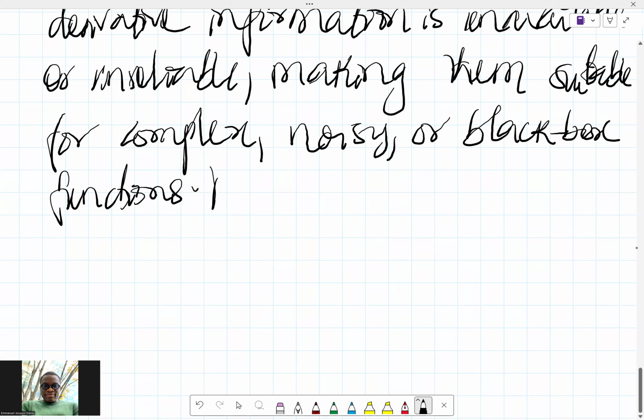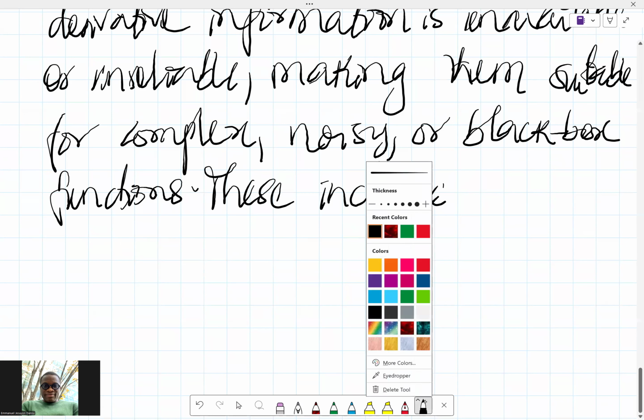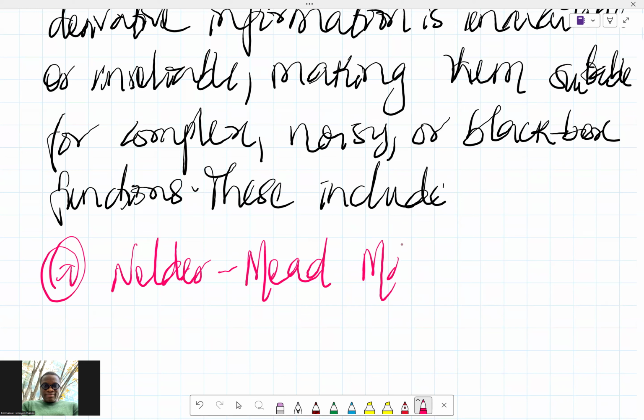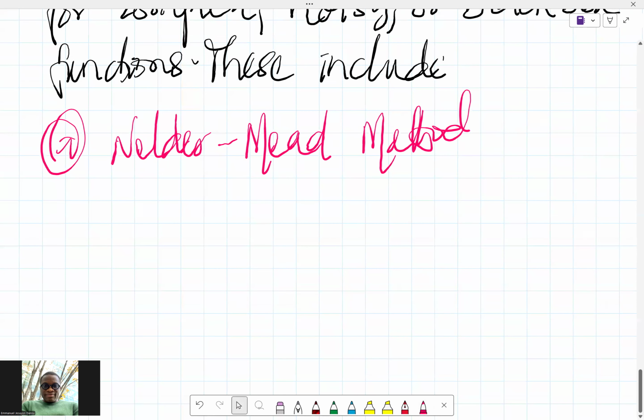Okay. So this includes, again, we go in that order, the Nelder-Mead method. I'm sure this is not a popular mead in sociology.